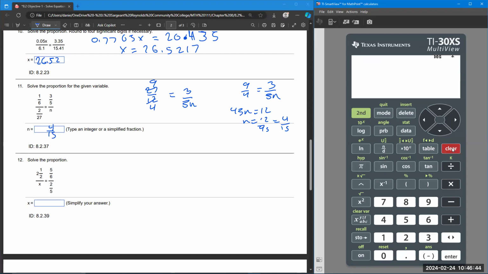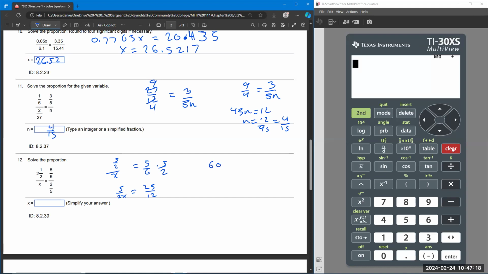We're going to solve this proportion here. And this is the same thing as 5 halves over x is equal to, and then this is going to be 5/6 times 5 halves. So this is 5 over 2x is equal to 25 over 12. And we have 5 times 12 is 60 is equal to 50x.